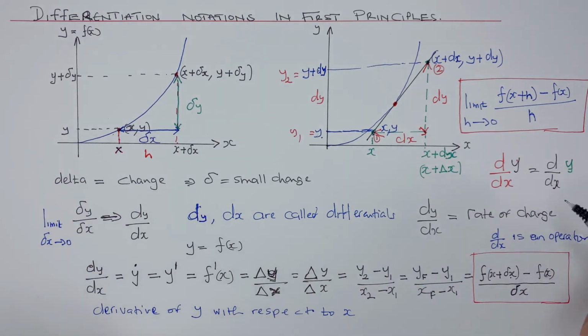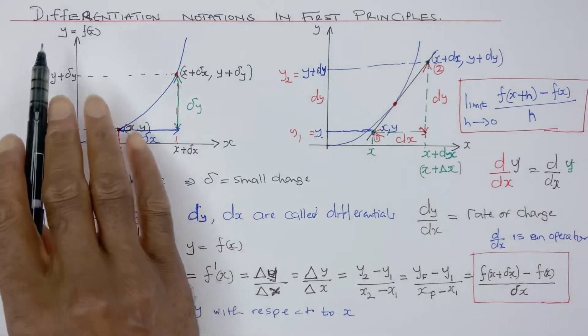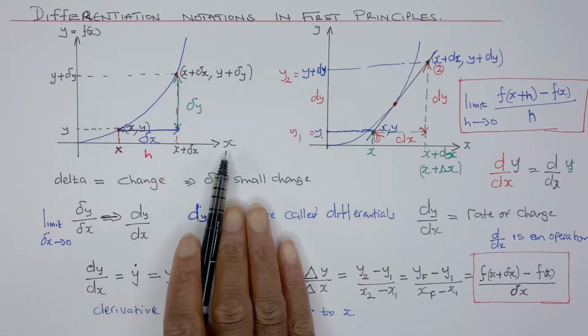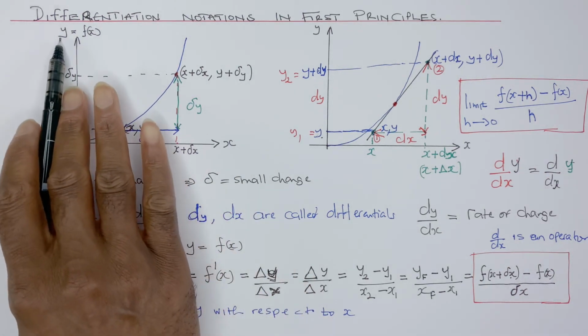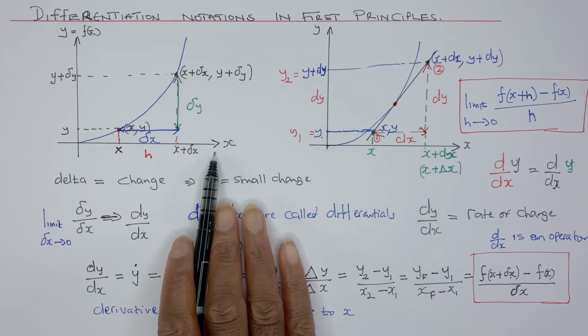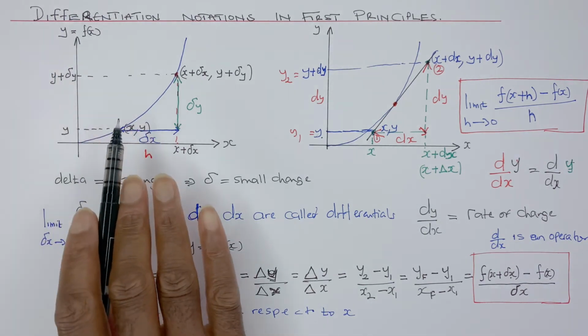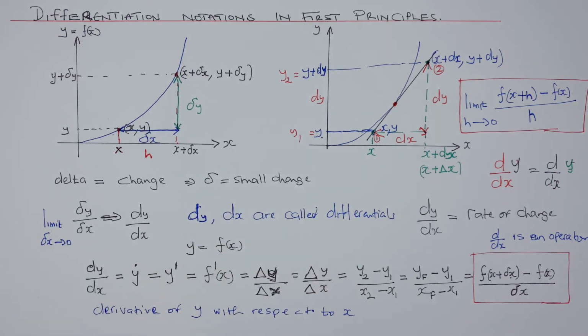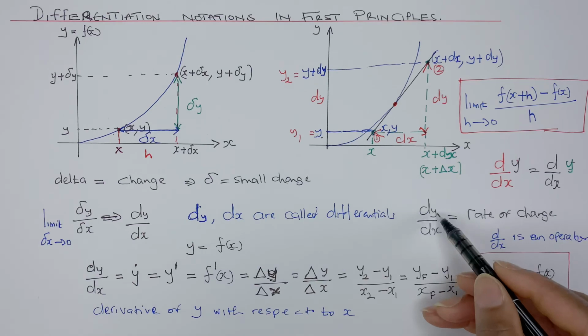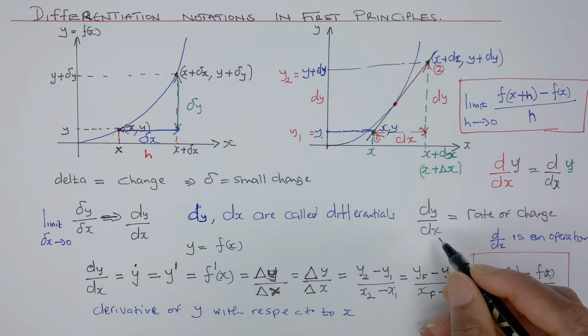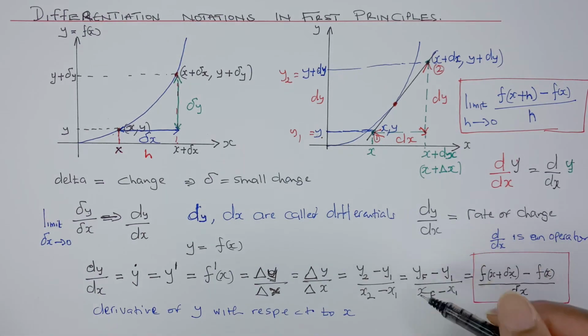You could be differentiating v with respect to t. You could be differentiating V with respect to r, the radius. So that could be the volume, and that could be the radius r. Or that could be A, the area, and that could be the radius r. That could be distance against time. So you could use the rate of change on anything. Y and x are just arbitrary, so they're just the default in this case.